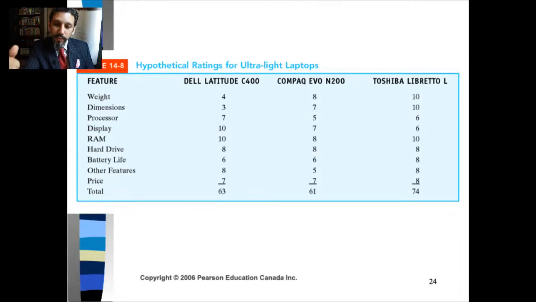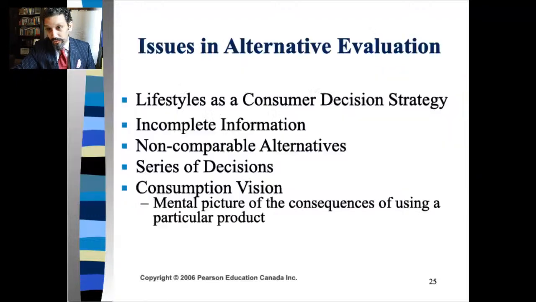And what we're doing is ranking each of these products on a particular score. So in this case, the Toshiba comes up with the highest total score. In second and third place are the Dell and the Compaq laptops. So you would go for the Toshiba laptop because it gets a higher score.